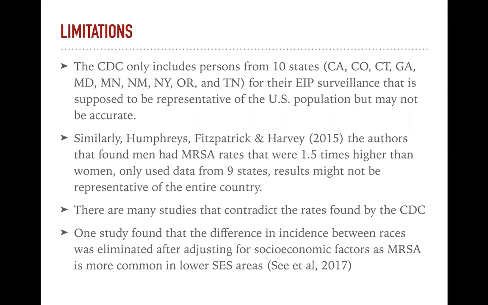Similarly, the results might not be representative of the entire country. There are many studies that contradict the rates found by the CDC, and one study found that the difference in incidence between races was eliminated after adjusting for socioeconomic factors, since MRSA is considered to be more common in lower SES areas.